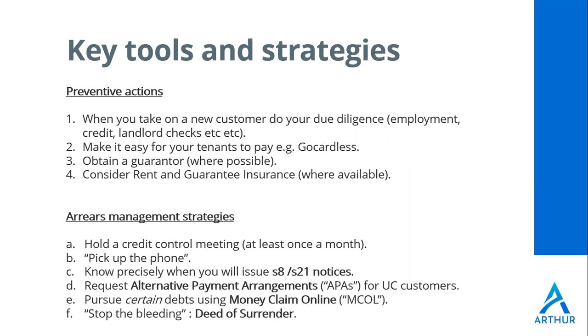That's known as the alternative payment arrangement. It's a very good tool. I know landlords have used it successfully to have the payments made direct to them. I've done one recently, and if you've got the right paperwork available, it takes no more than 10 minutes to claim online.